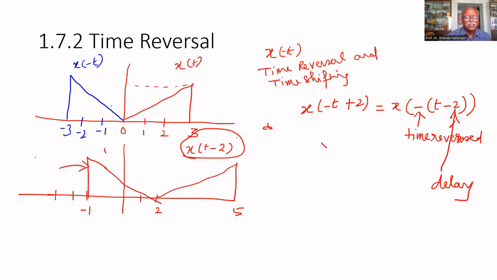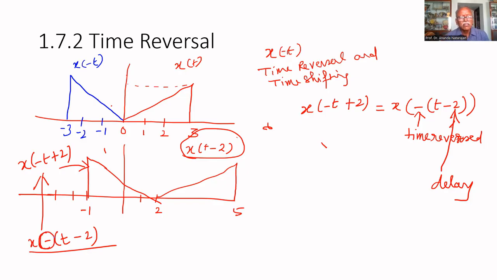This is x of minus t plus 2. So to avoid confusion, we are writing this as x of minus of t minus 2, because this minus sign indicates the time reversal and this 2 indicates the delay.